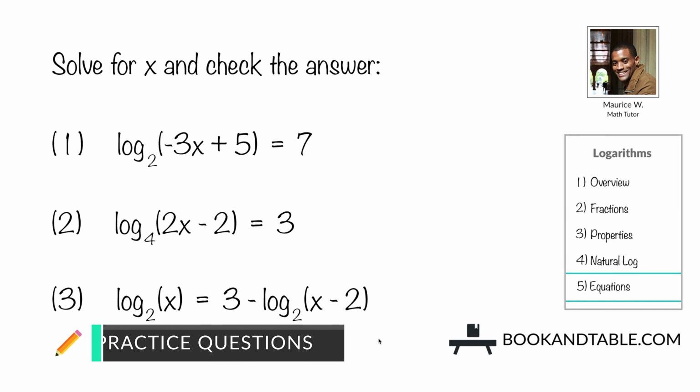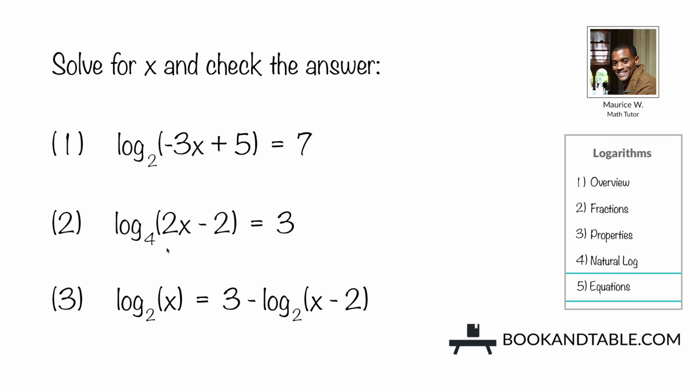Let's now have you try a few practice questions. Solve for x and check the answer. Question number 1. Log base 2 of negative 3x plus 5 is equal to 7. Question number 2.